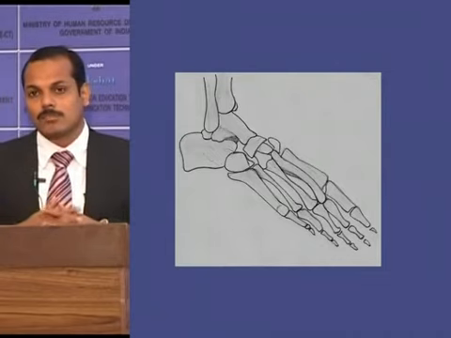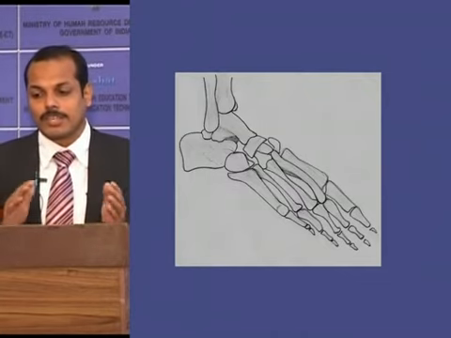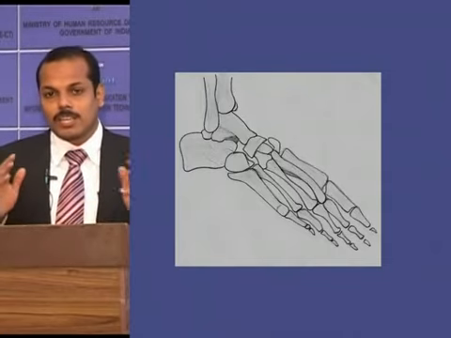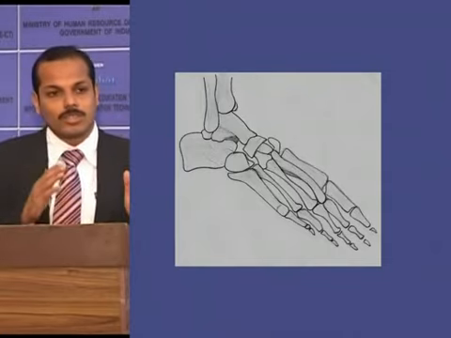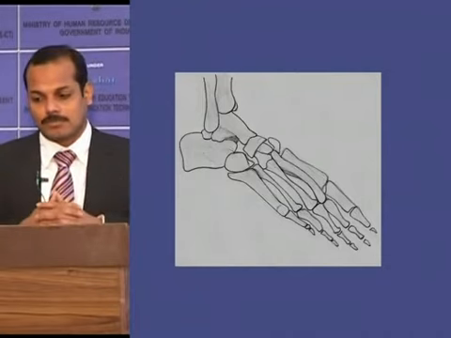In total there are 25 joints, containing 28 bones.